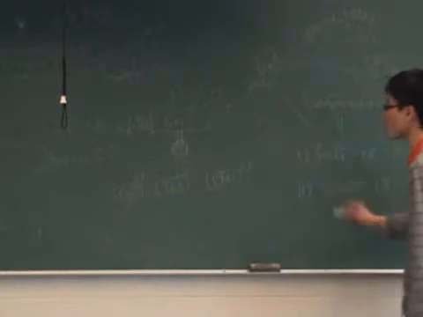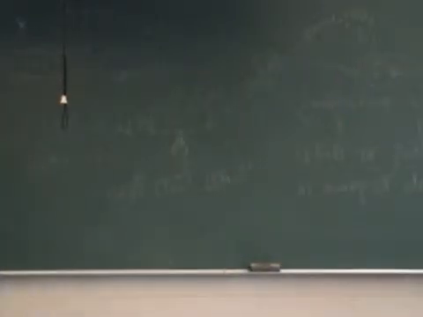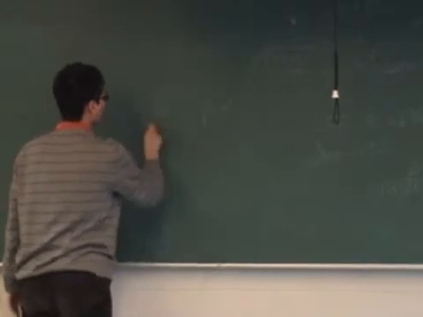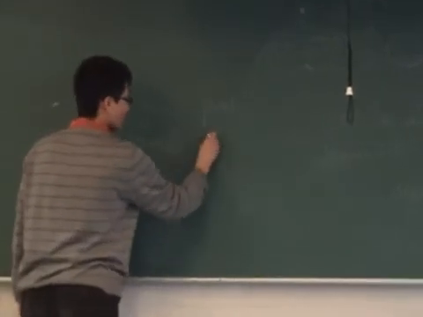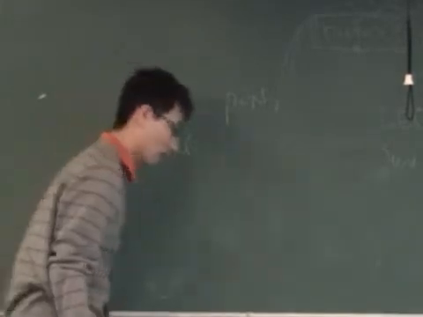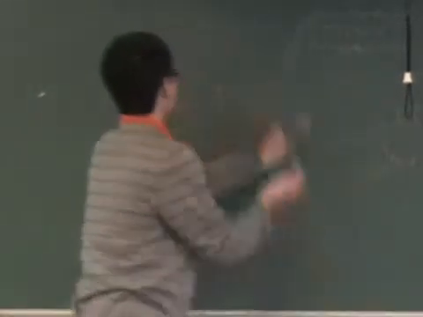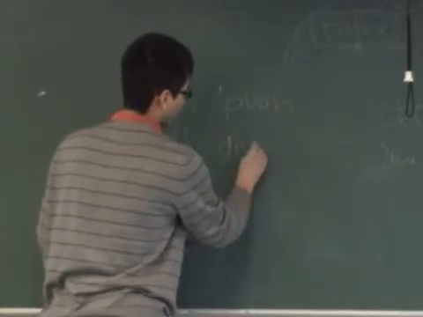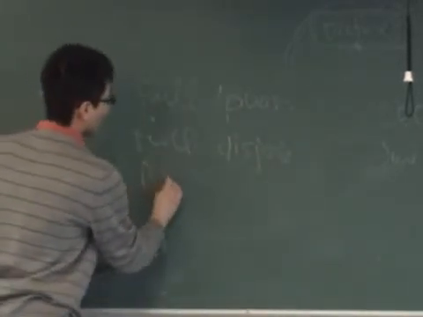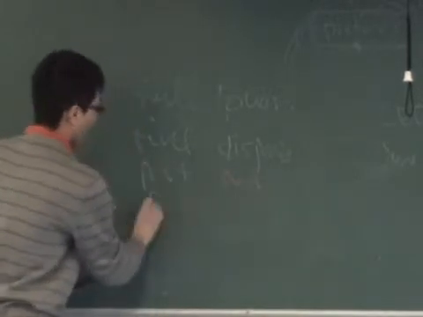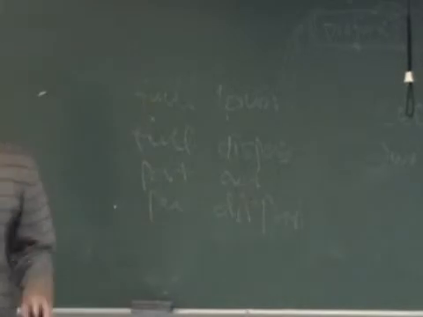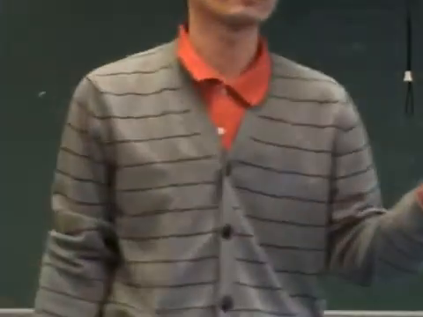So there are four types: full, partial, full overlap, full disjoint, partial overlap, partial disjoint. So you can identify such a constraint from the super and subclasses.